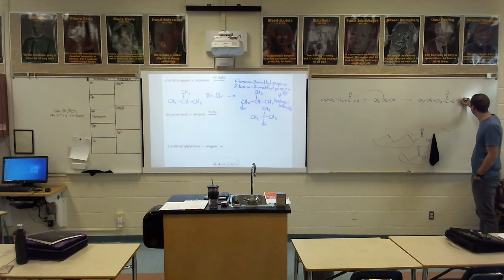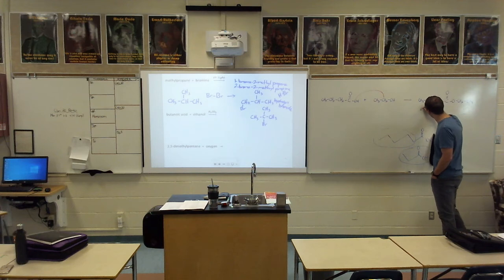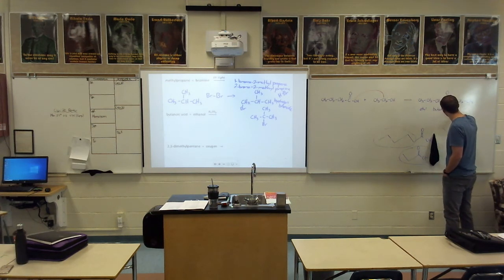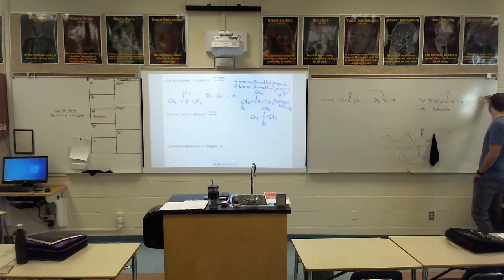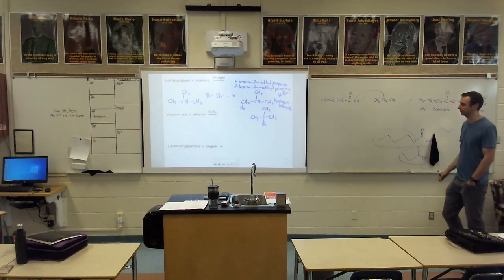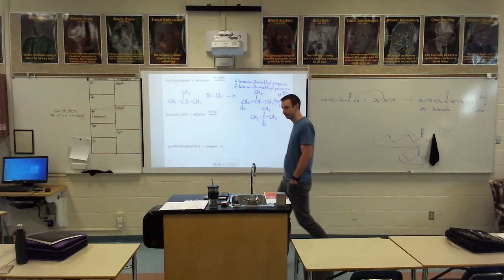So I've got CH2, then I have CH3. And this is ethyl butanoate. And then the thing that's really easy to forget is the water as well. I need to make sure I have the water that is the byproduct of esterification on top of that.